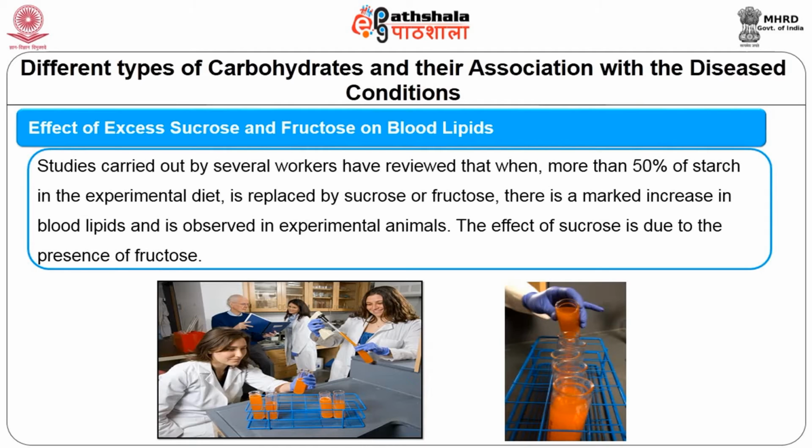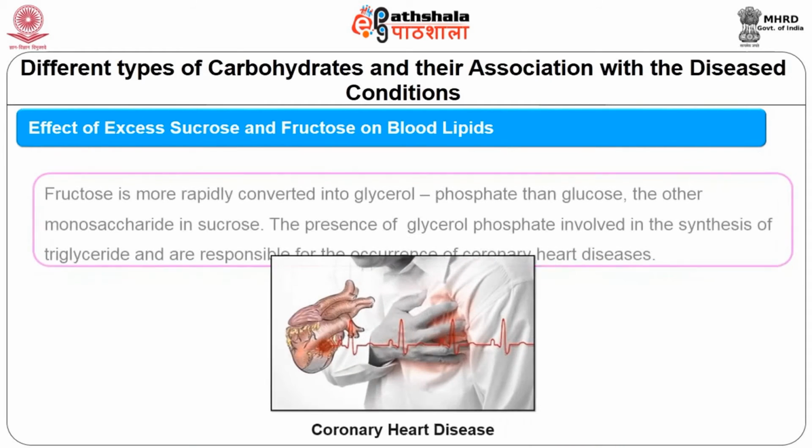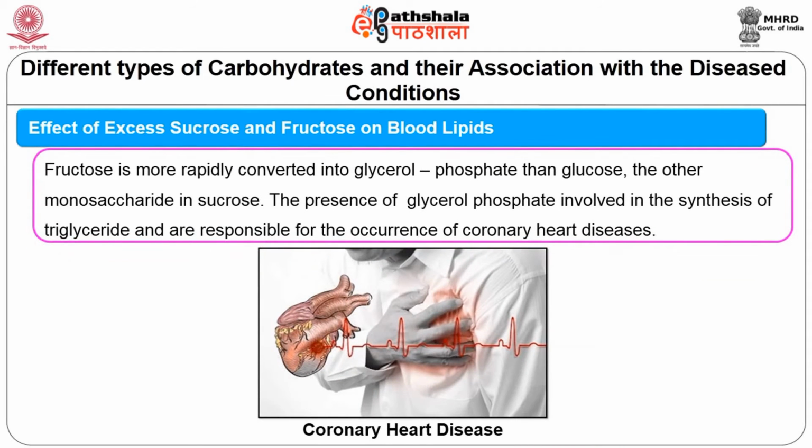The effect of sucrose is due to the presence of fructose. Fructose is more rapidly converted to glycerol phosphate than glucose, the other monosaccharide in sucrose. Glycerol phosphate is involved in the synthesis of triglyceride and is responsible for the occurrence of coronary heart disease.